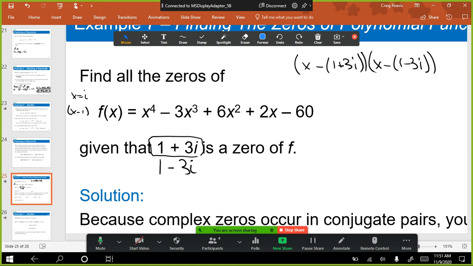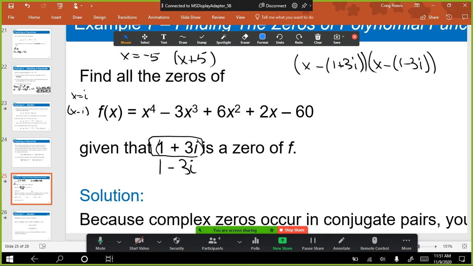Okay, so that's a little bit of a confusing part there because of all the terms. But it's the exact same thing. If I said I had a 0 of x equals negative 5, I think we all understand that comes from the factor of x plus 5. Well, this is a positive 1 plus 3i, right?